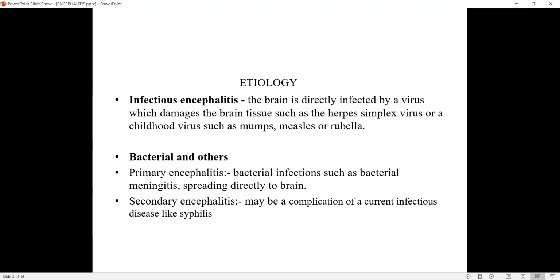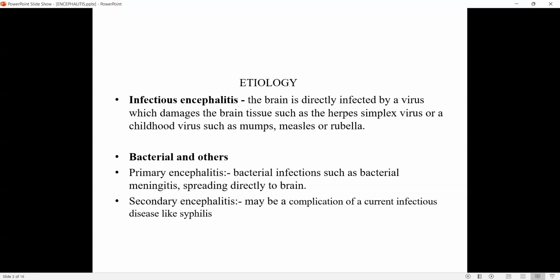Etiology: infectious encephalitis. The brain is directly infected by a virus which damages the brain tissue, such as the herpes simplex virus or a childhood virus such as mumps, measles, or rubella, bacterial and others.